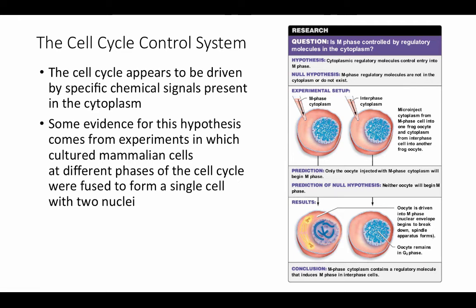In this case, we've got a cell that's in interphase, microinjected with cytoplasm from a cell that was in M phase, and then a different cell also in interphase, microinjected with cytoplasm from a cell that was also in interphase. And what we see is that the one that was injected with cytoplasm from the M phase cell immediately enters mitosis.